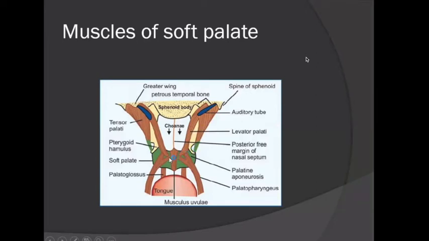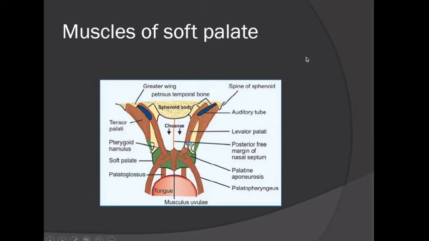Here this is the soft palate, the palatal aponeurosis, and then you have the uvular muscle, an intrinsic muscle. Now from here you can see the two muscles going up. This is levator veli palatini, and this one is tensor veli palatini. This stretches the soft palate, and this elevates.